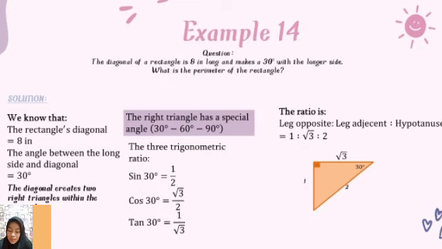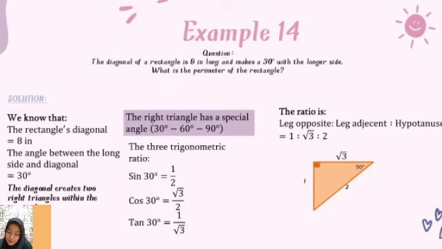The right triangle has special angles, like 30 degrees, 60 degrees, and 90 degrees.